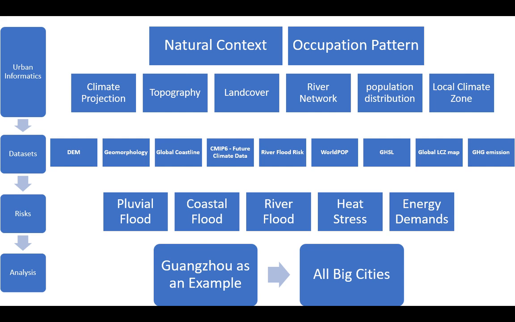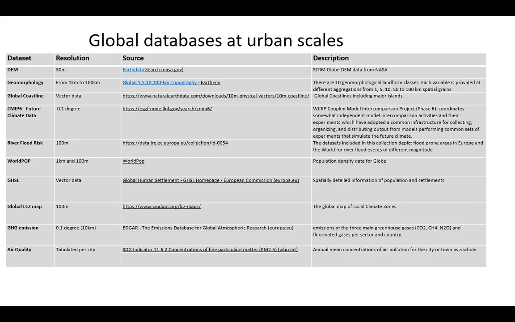The analysis for Guangzhou was applied to cities worldwide, but we chose Guangzhou as an example to show information about big cities. This is a detailed description of all the data sets we mentioned before.